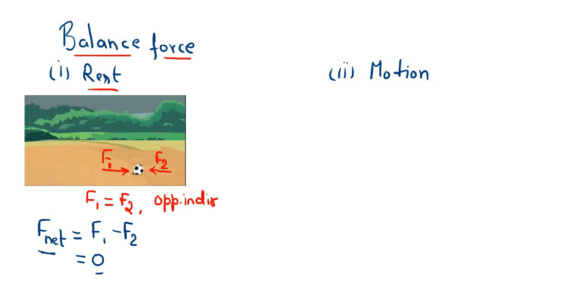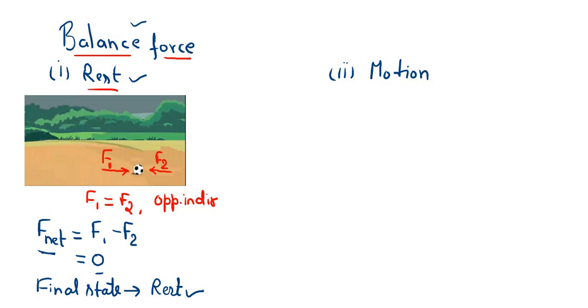This means no net force, and as there is no net force, the final state will be rest as well. Initially the object was at rest and finally the object will be at rest when the balanced force is applied. Okay.